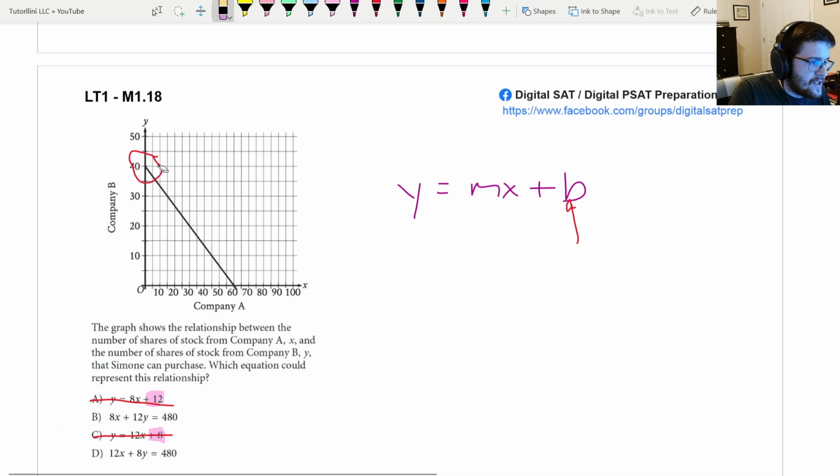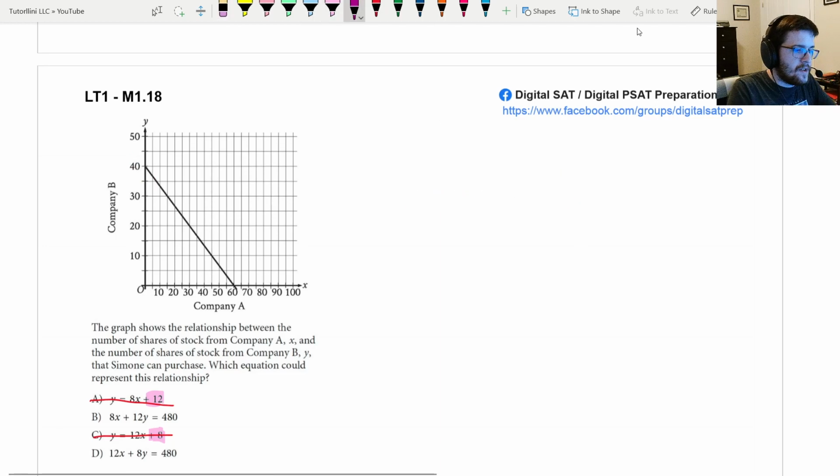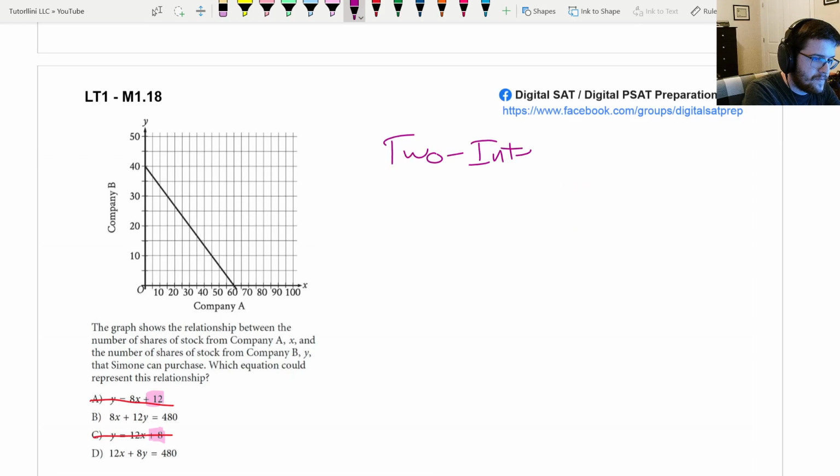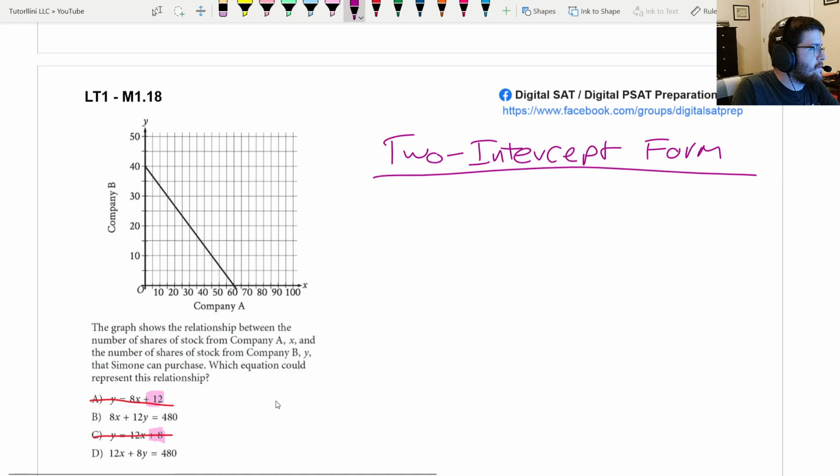So we have to find the standard form using the two intercepts. So I'm going to use what's called two intercept form. So two intercept form is like this.